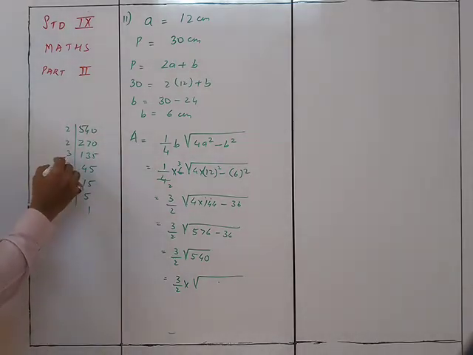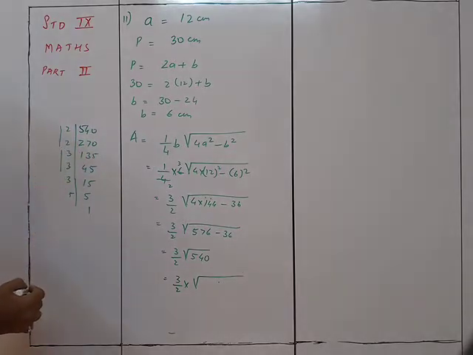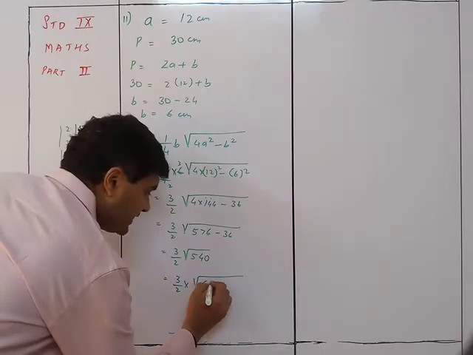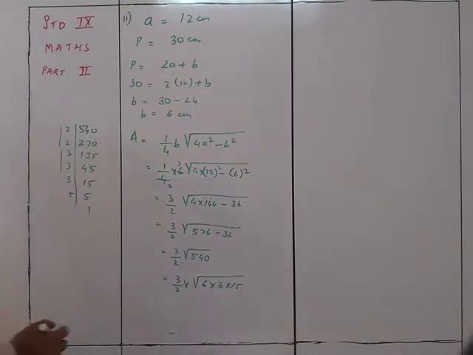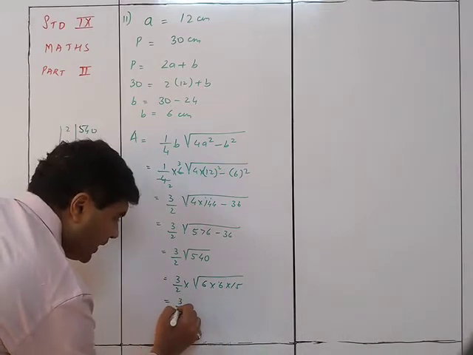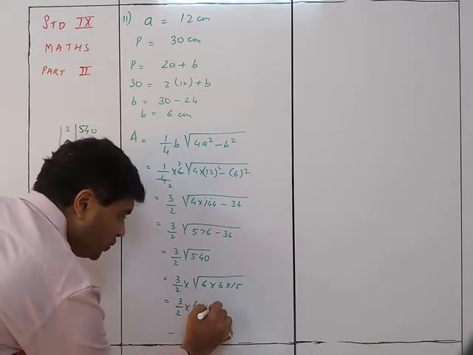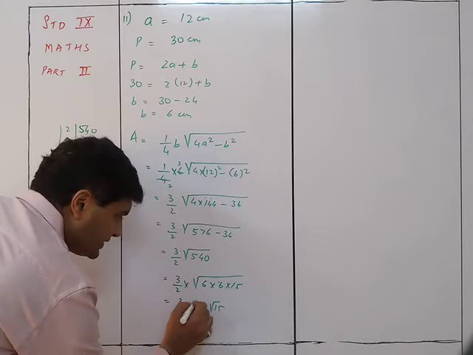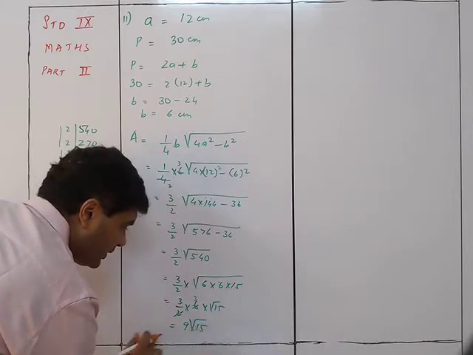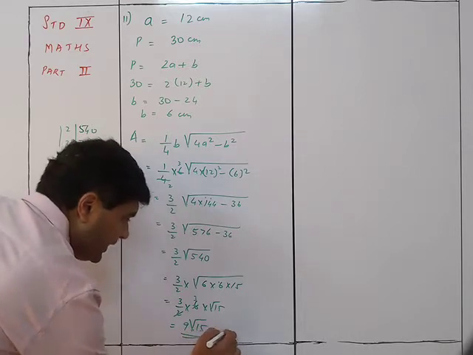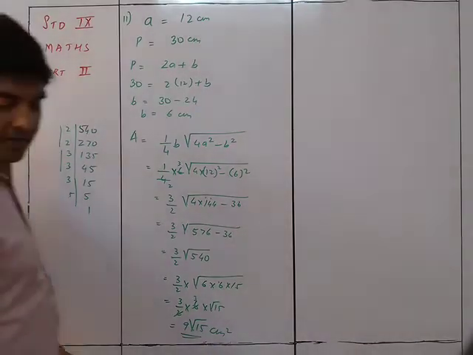So you can see it will be 6 into 6 into 15. So that will give me 3 upon 2 into 6 into root 15. So this cancels to 3. So it will be 9 root 15 is the area of the required isosceles triangle.